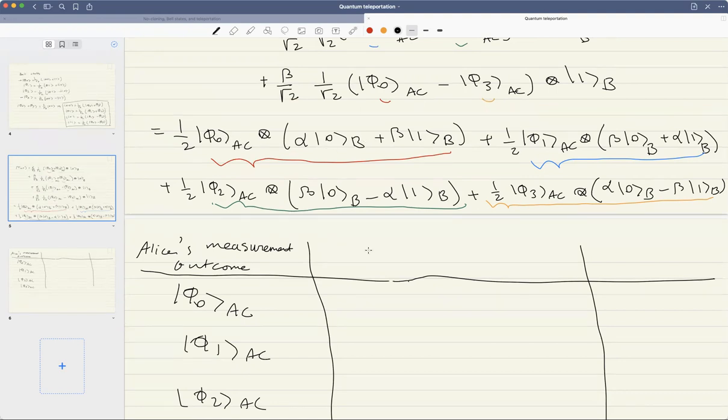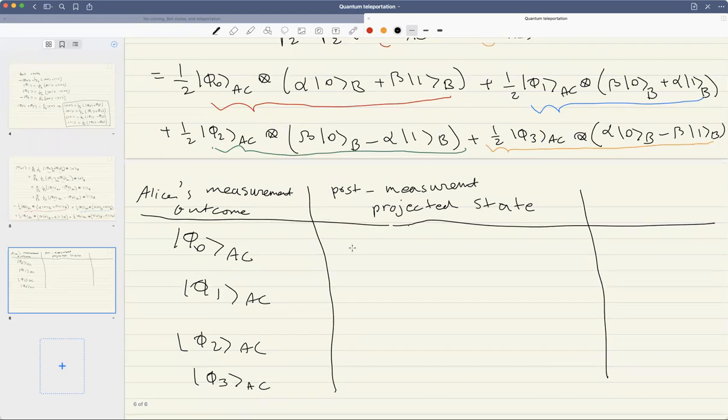So the post-measurement projected state becomes, in this case, phi 0 AC tensor, let's say this guy, alpha 0, beta 1. In this case, I find phi 1 for AC. I have to kill every other term that would give a finite probability of finding a different Bell state.